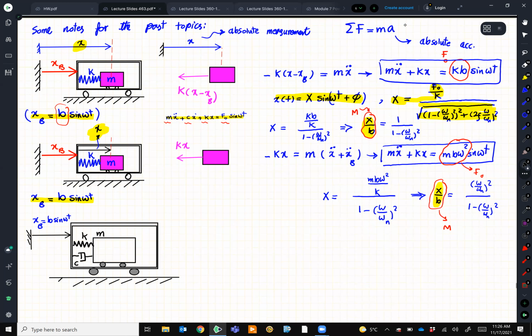Now let's say inside we have an unbalanced mass.